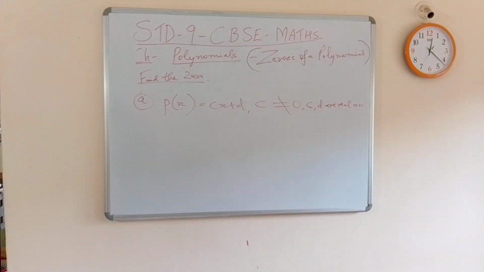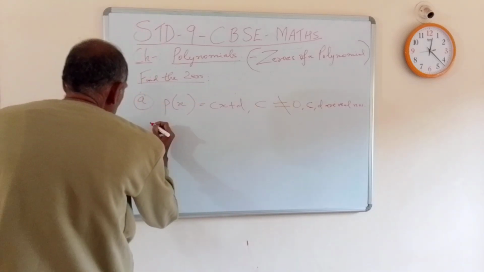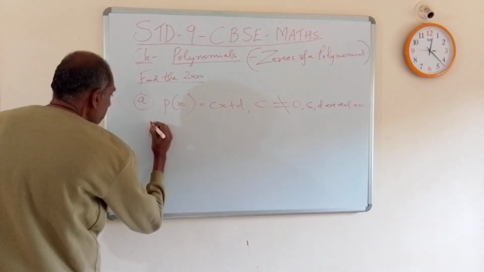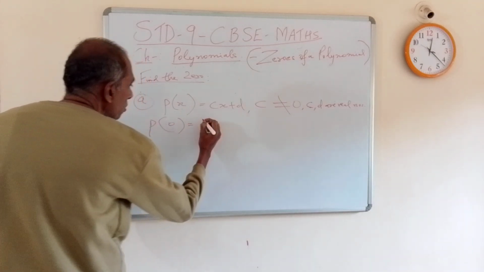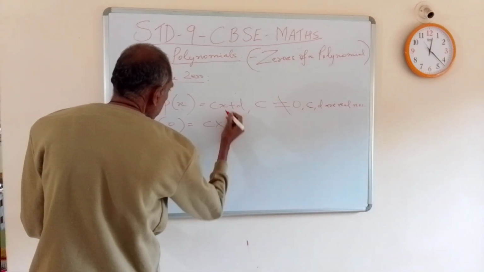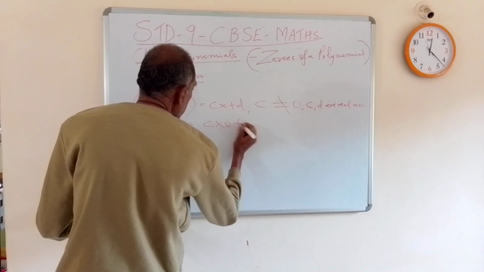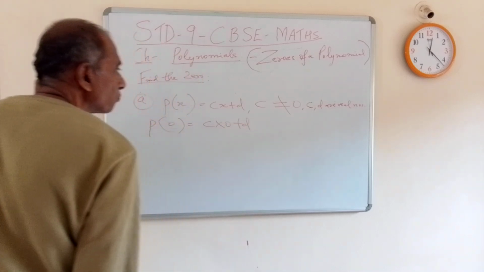So here we have to find the 0. So here again p(x) is equal to 0, that is c into x plus d.